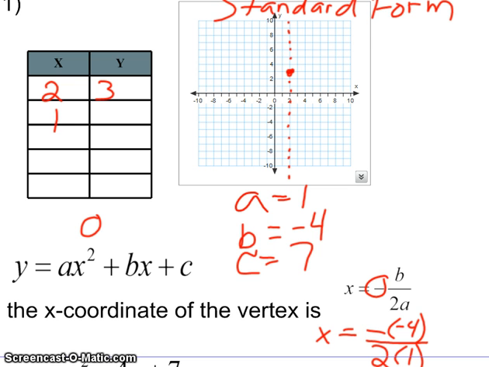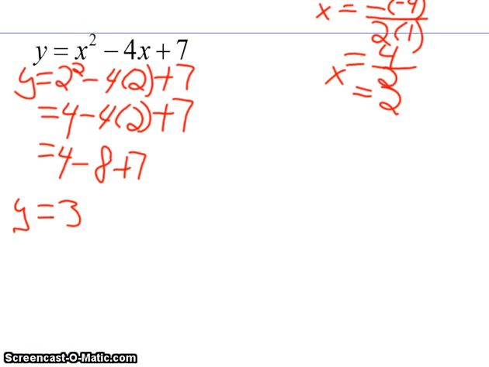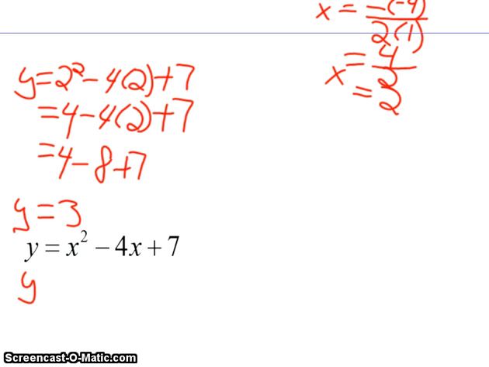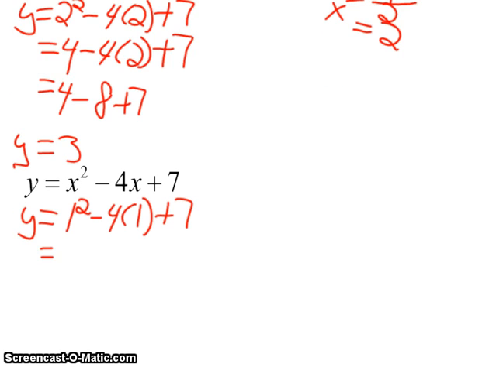Let's plug a 1 into that equation. So here's the equation. Alright, we're going to plug in 1. So y equals 1 to the second minus 4 times 1 plus 7. And again, use your order of operations. So 1 squared is 1.